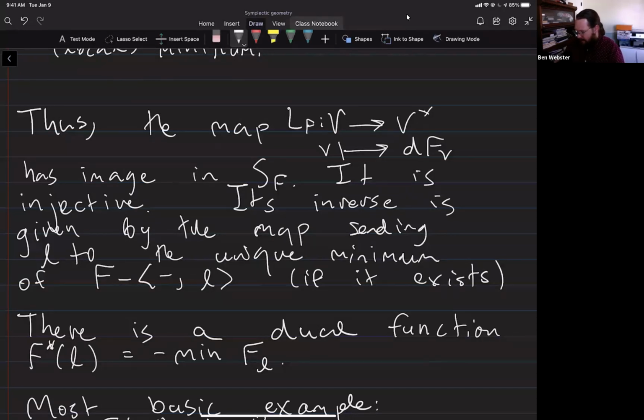And I can also equip the stable set with a dual function, f dual, which sends an element of V dual to the value of the function f at that minimum, but minus that. You know, sometimes this happens in dualities. You have to stick in a minus sign.